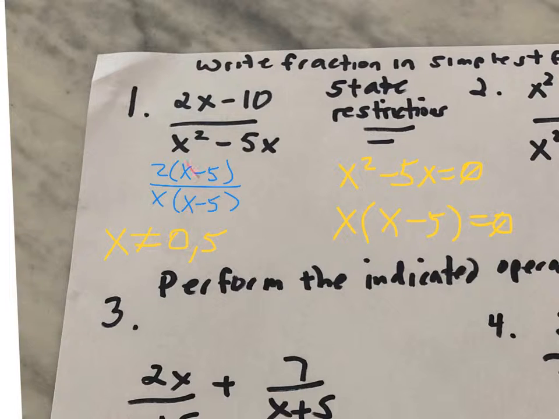And of course this cancels, and therefore we have 2 over x. And unless I made a careless mistake, which is always a possibility, that is the simplest form of this fraction. So that's that one.